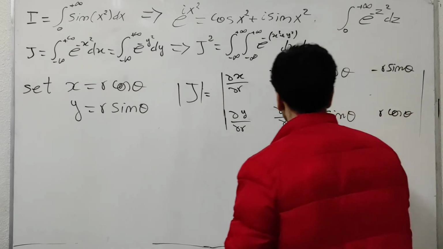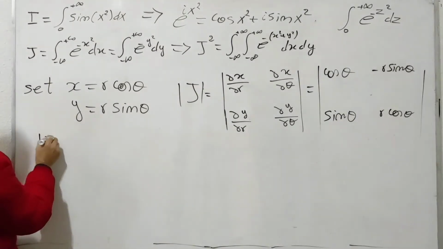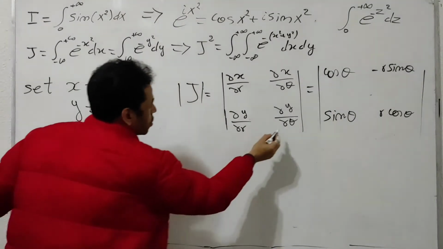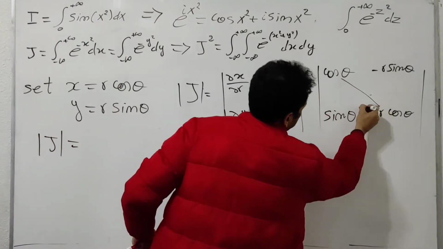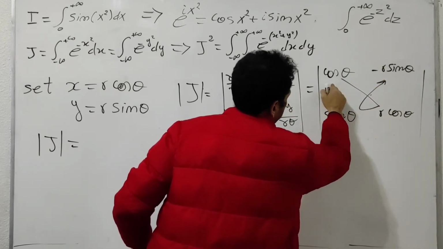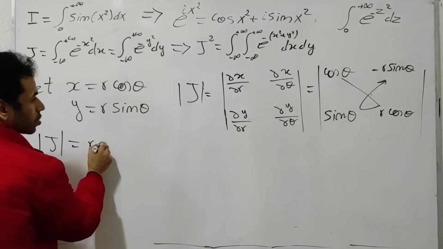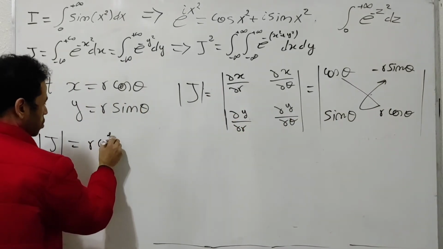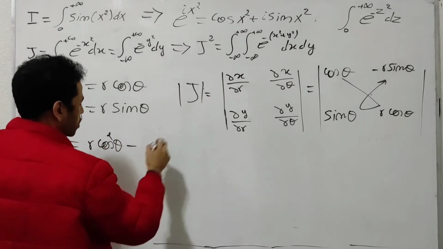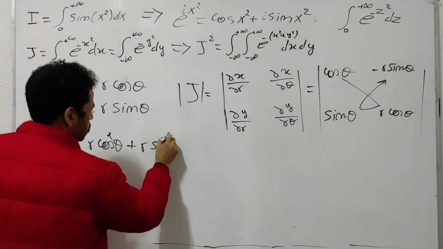Okay? By calculating the determinant of this one, I will get the Jacobian. This one is multiplied by this one minus this one multiplied by this one, which is r cosine squared theta minus, with this minus becoming plus, r sine squared theta.